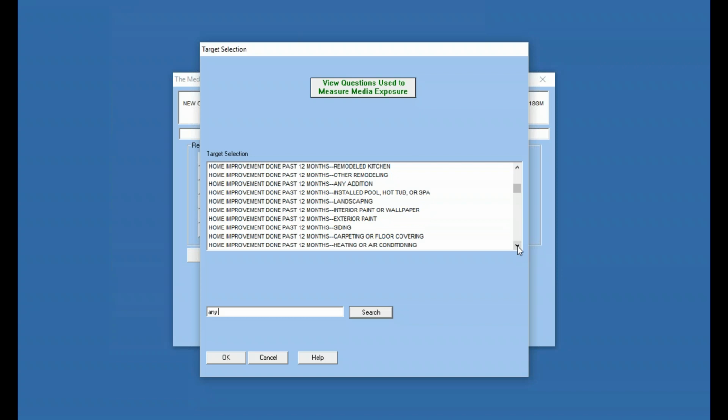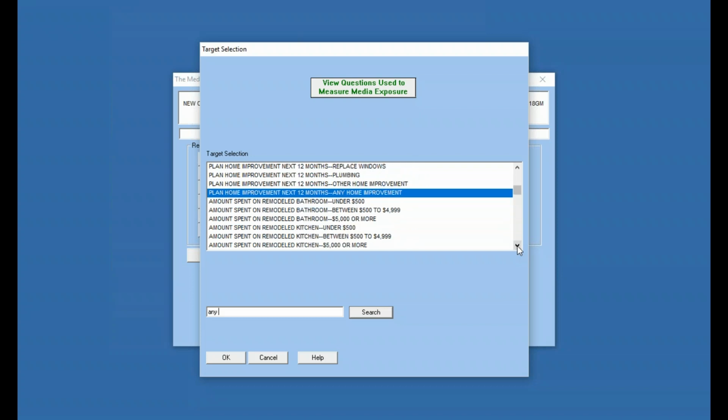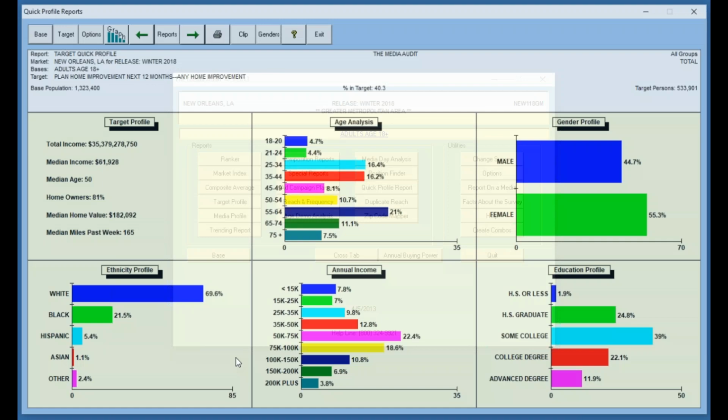So landscaping, interior and exterior paint, roofing repairs, and necessities too, like plumbing. So you have all of that. And then you have what they plan to do in the next 12 months. So historic and future seeking home improvements, and then what are they spending? That's really why I wanted to look at this target.